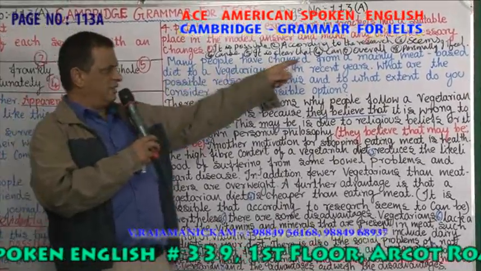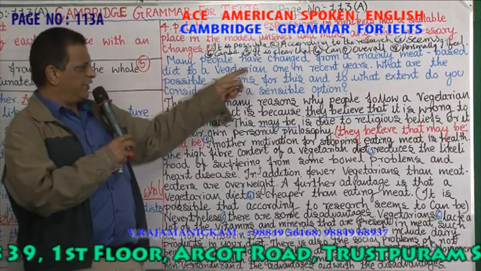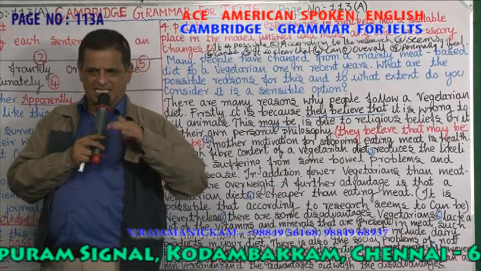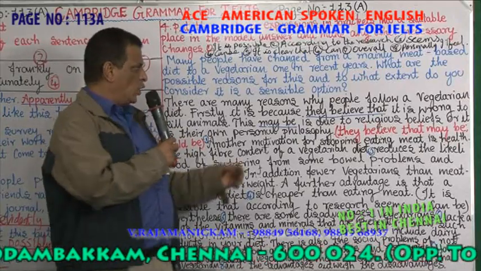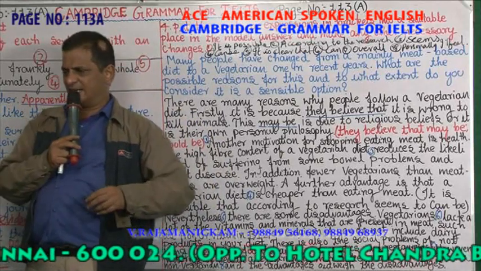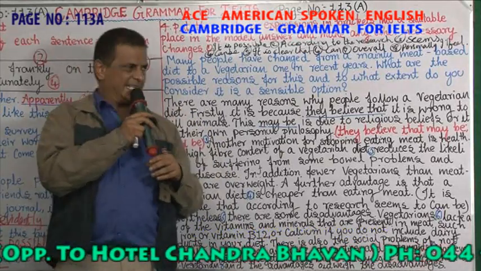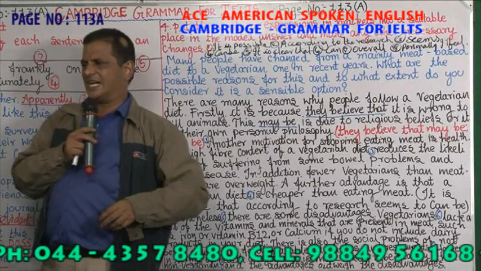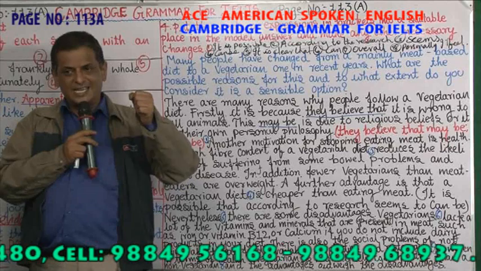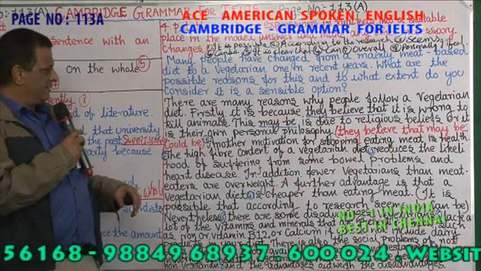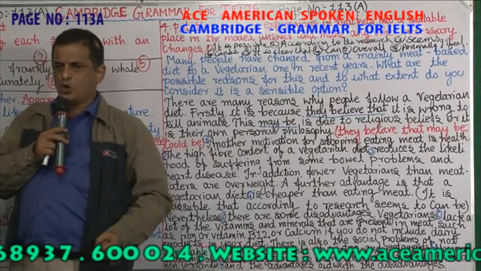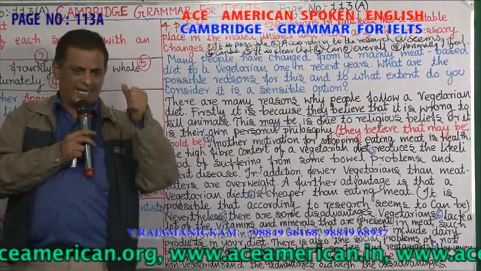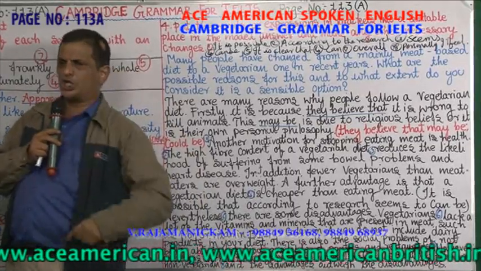Look here: many people have changed from a mainly meat-based diet to a vegetarian one in recent years. What are the possible reasons for this? And to what extent do you consider it a sensible option? What does sensible mean? A wise choice. Is changing from non-vegetarian to vegetarian a wise choice? This is the question. You have to write an essay, stating your stance and using these adverbs.